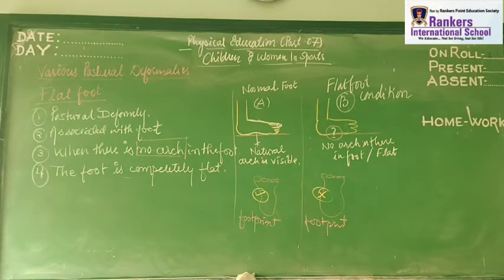If it persists during the latter period of childhood, it becomes a postural deformity. A child with flat foot cannot be an efficient sports person, because when this kind of deformity occurs, skill perfection, running, walking, this mechanism is affected.